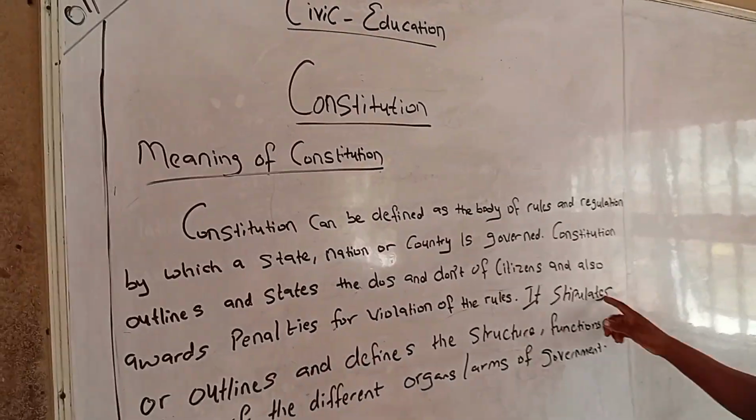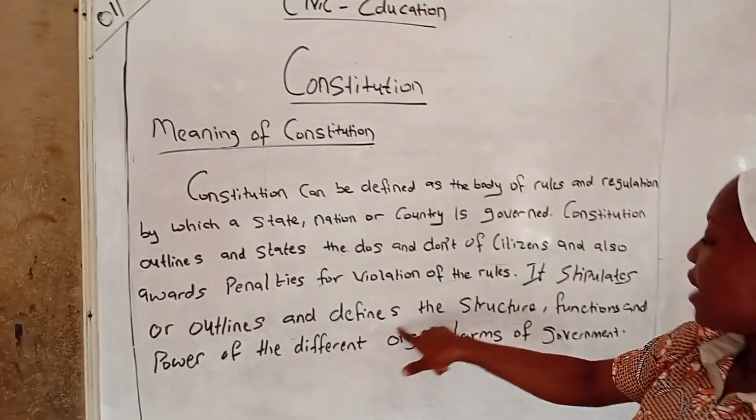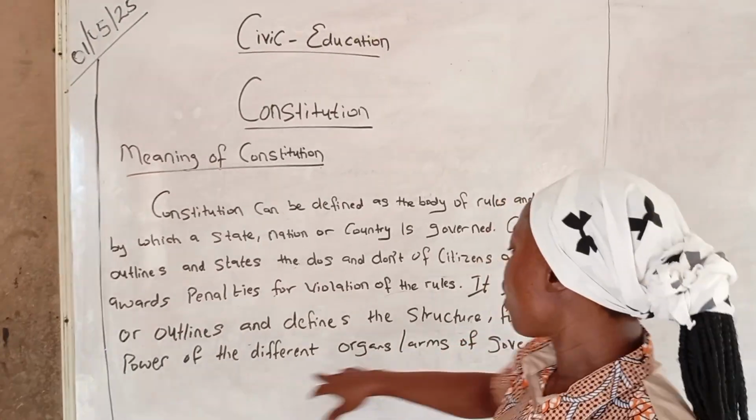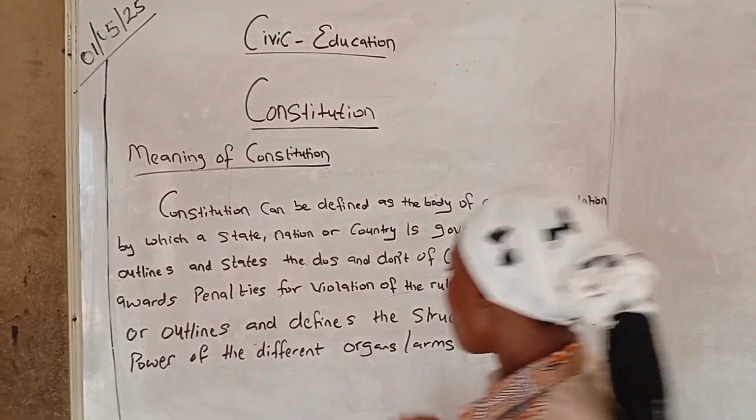Constitution stipulates, outlines, and defines the structure, functions, and power of different organs of government.